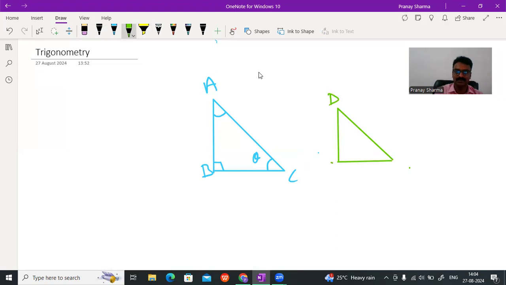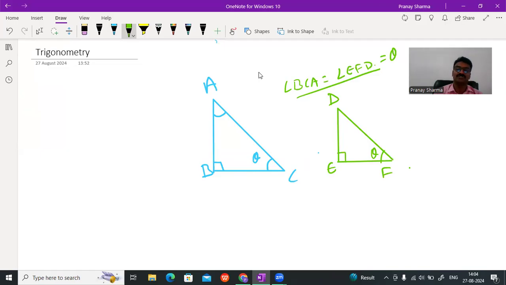All right, let us call this DEF. This angle is 90 and this is theta. See, theta is the same. That means we can say angle BCA equals angle EFD. Both are equal to theta.